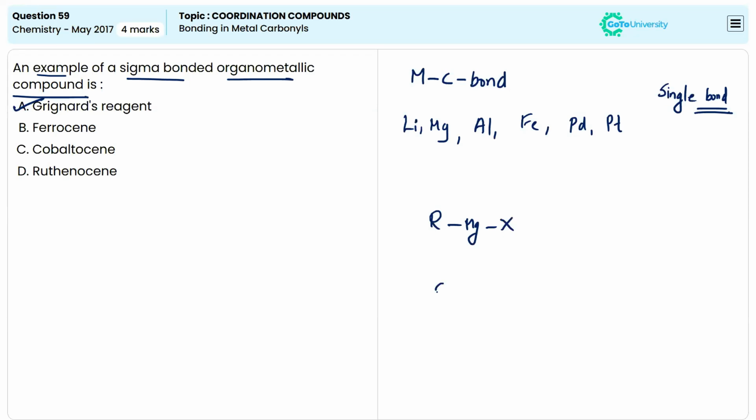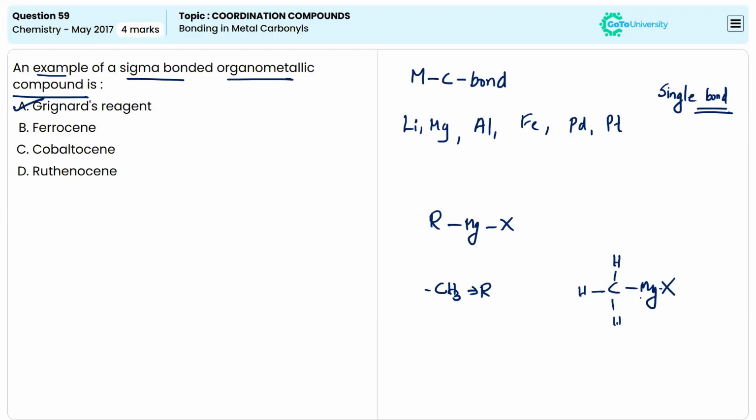Suppose R is an alkyl group, suppose R is a CH3 group. Then this carbon will be bonded to the magnesium, and that magnesium will be connected to the halogen.